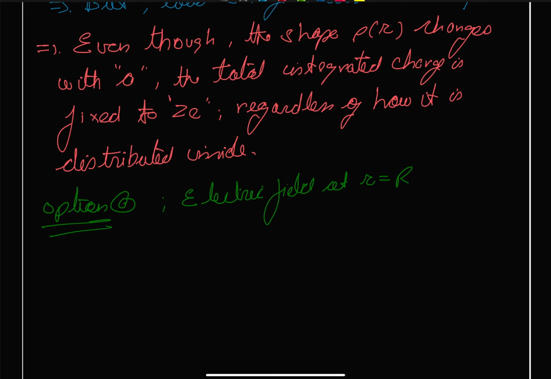Let's write the formula first. The electric field at capital R is equal to 1 upon 4 pi epsilon naught, where the charge Q is represented in the form of Ze, divided by R square. So this is independent of A.